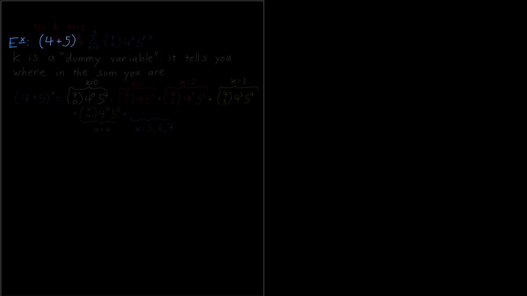So I'm going to pick the numbers 4, 5, and 7. 4 plus 5 to the 7th by the binomial theorem, that is the sum from k equals 0 to 7 of 7 choose k, 4 to the power of k, and 5 to the power of 7 minus k. And then k is what we call a dummy variable.